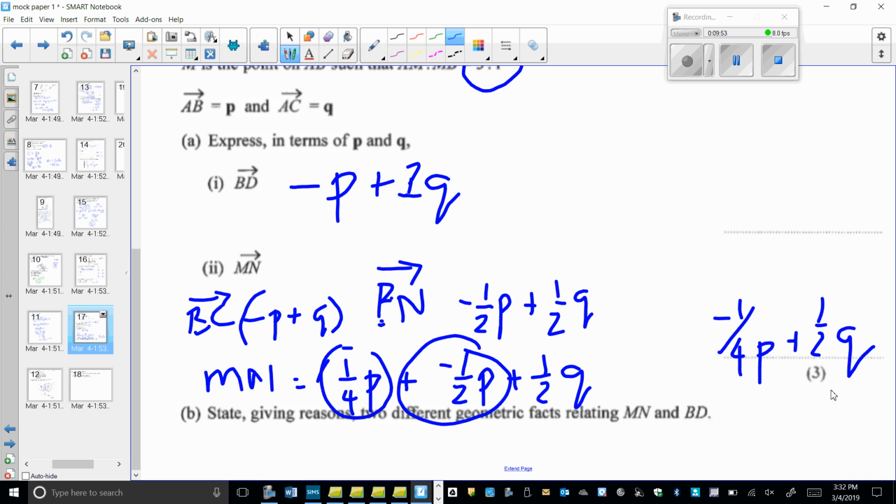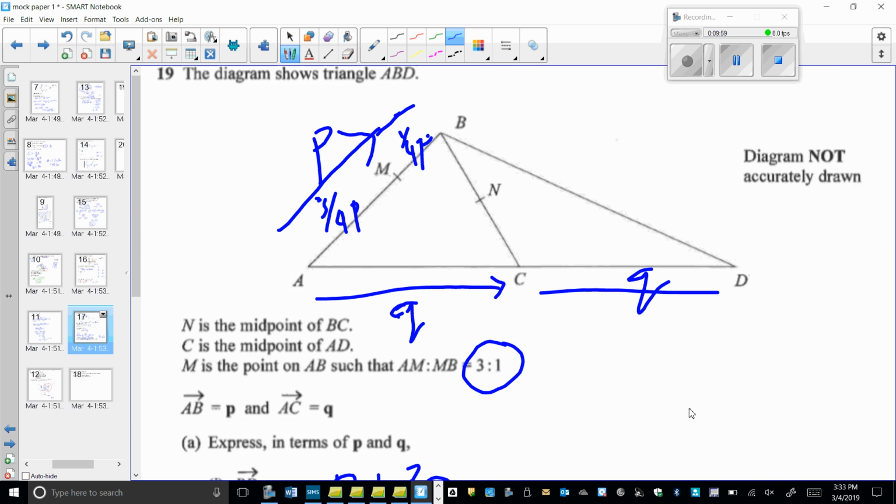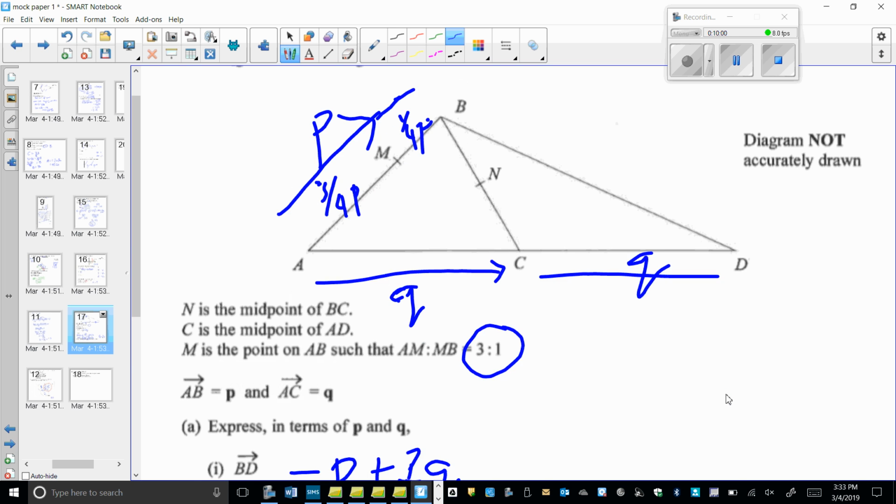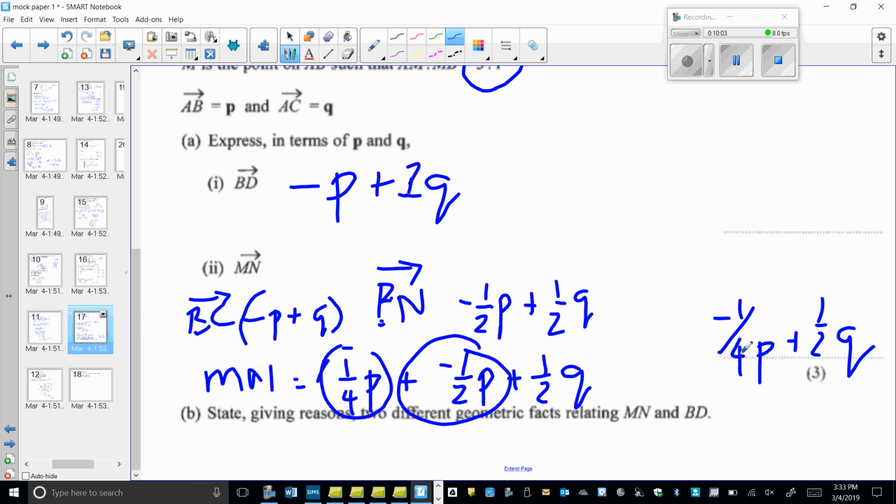State, giving reasons, 2 different geometric facts relating MN and BD. Alright, MN, BD. So BD was negative p plus 2q. And we've got negative a quarter p plus a half q.